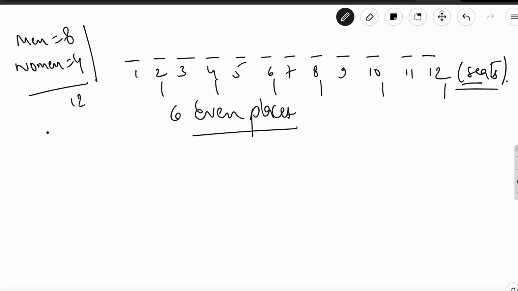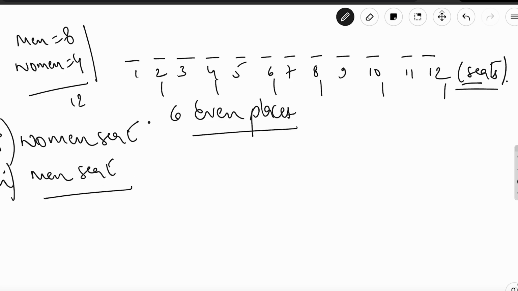So first we seat the women, and second we seat the men. For the women there are 6 places, so it's 6P4. We have to select 4 places amongst these 6 and then arrange the women there.